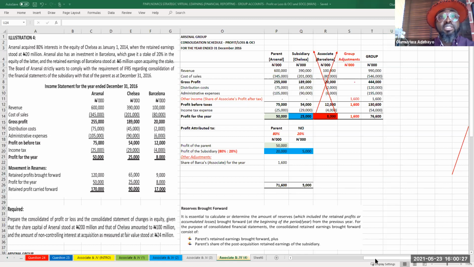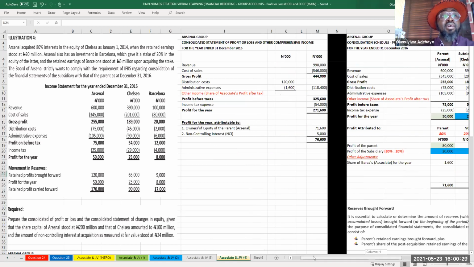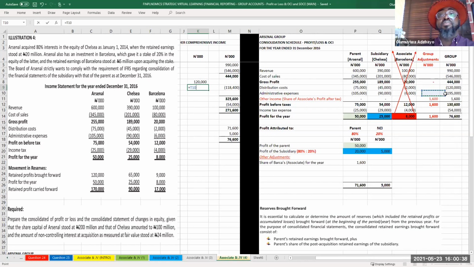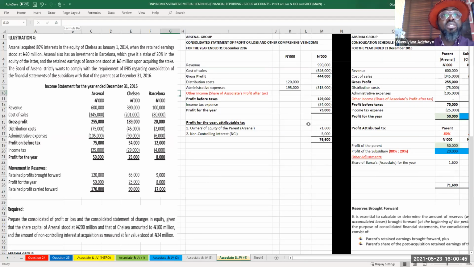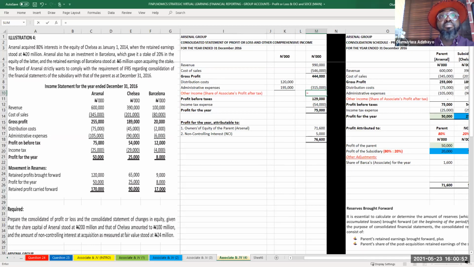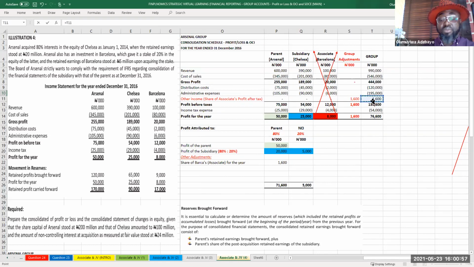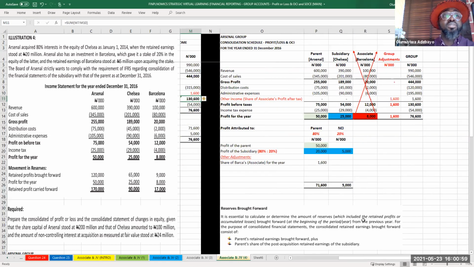now this is how our consolidated profit or loss will look like, where we have to link admin expenses perfectly. And here, the only thing that is new is other income, share of associate profits, which I can easily link to what I have here as 1.6.